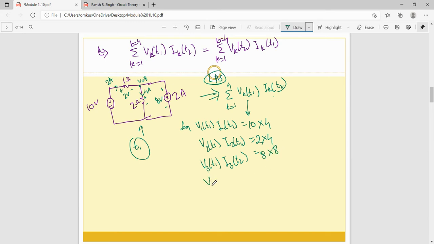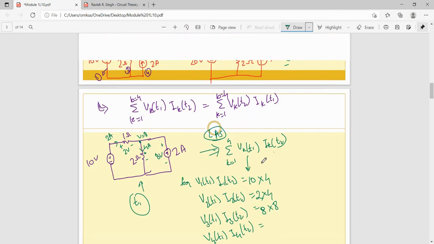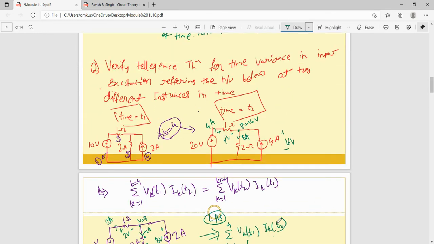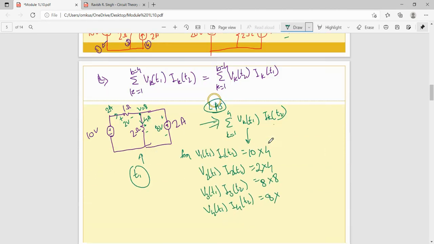And what is V4? V4 of T1, I4 of T2. What is the value of I4 of T2? And V4 of T1 is 8 volt, right? And I4 of T2 equals, ये फोर्थ ब्रांच है, सो इसमें करंट कितना है? 4 एम्पियर, राइट?